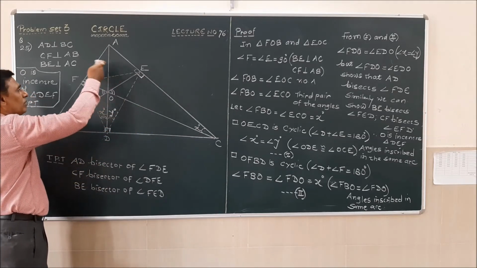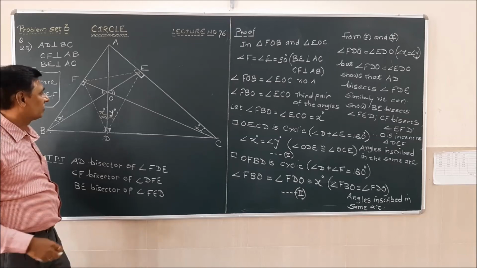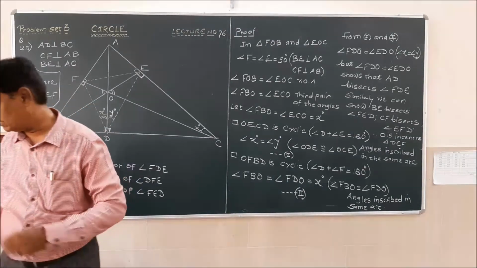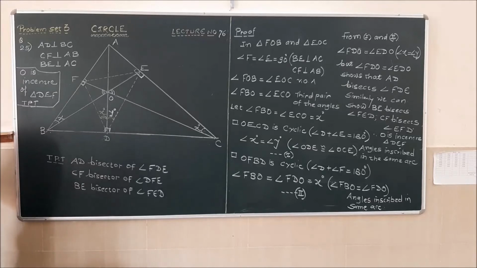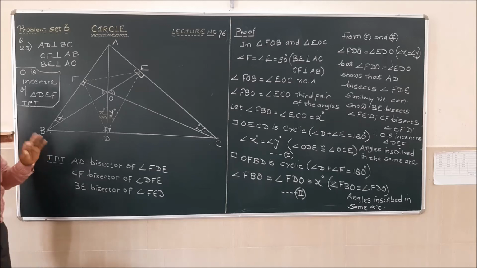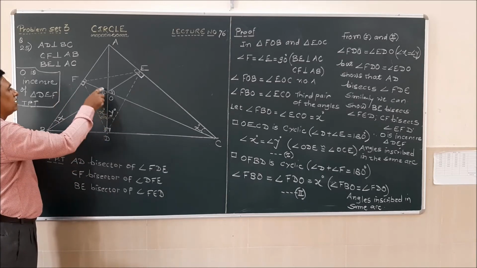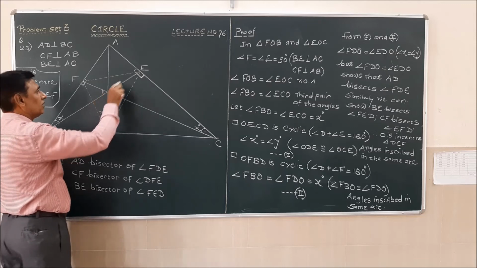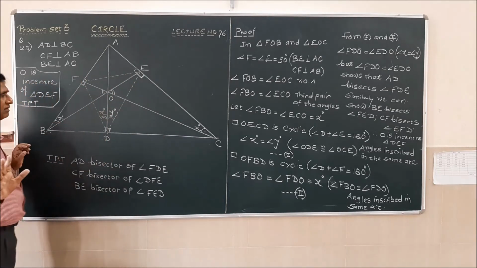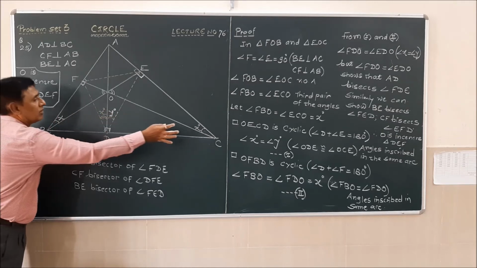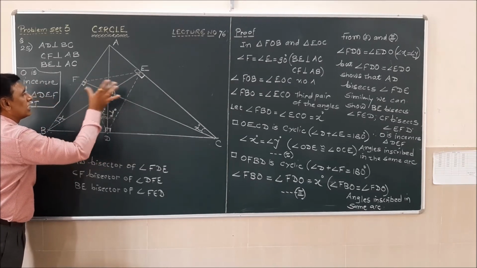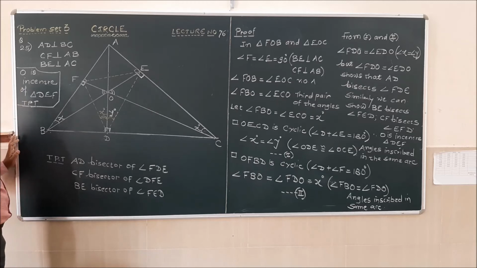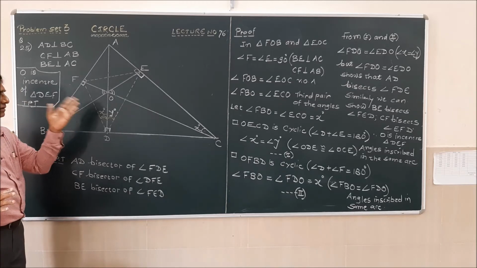And then actually O becomes the incenter of triangle DEF. Okay, this last sum is quite difficult to understand, but not so difficult also. Important facts: FBOE is a cycle, OECD is a cycle. Third pair of the angles of these two triangles are congruent. That's sufficient.